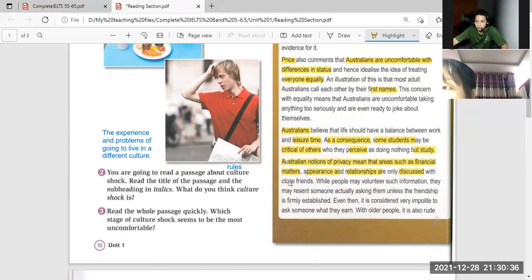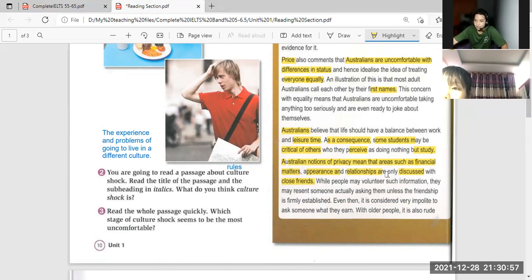with close friends. Do you understand the meaning of close friends? No. Close friends, it means people that you know very well.